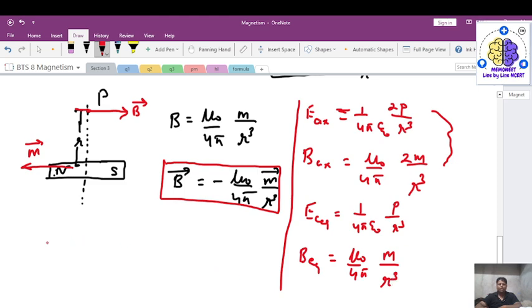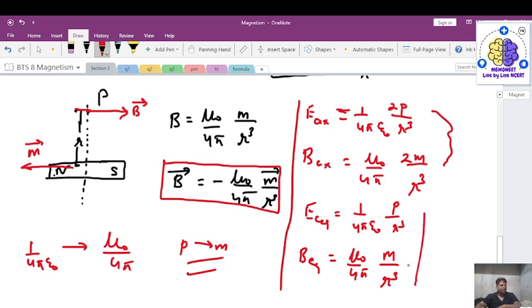So what we see is 1 by 4 pi epsilon naught is being replaced by mu naught upon 4 pi, and your p is being replaced by m, right? Just everything is as it is. So this will be easy for us to remember.